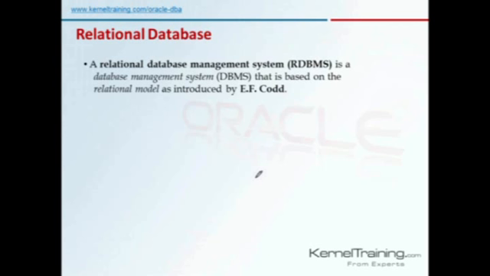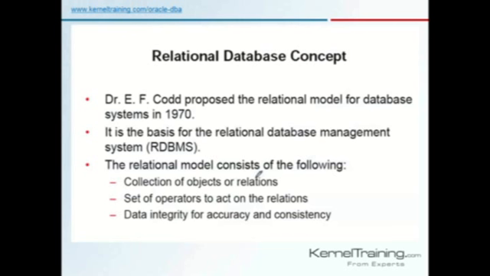So how did this relational database come into existence? E.F. Codd proposed this relational model. Earlier, as I told you, data was stored in files, but around 1970, E.F. Codd said, why are we storing the data in files? We can store the data in tables. From there onwards, this tables concept came into the picture.